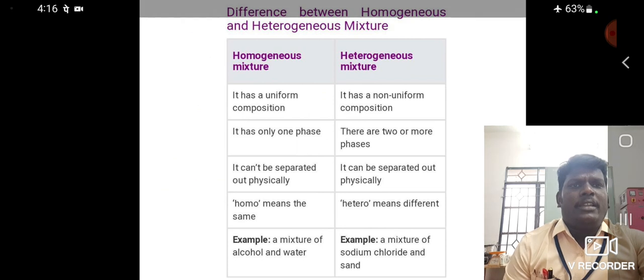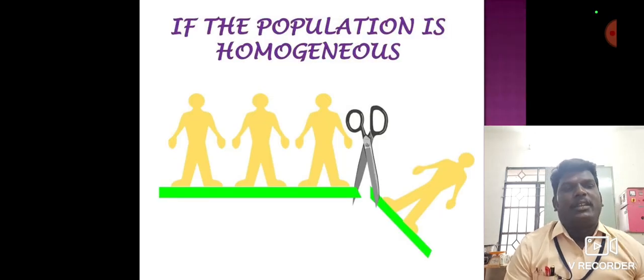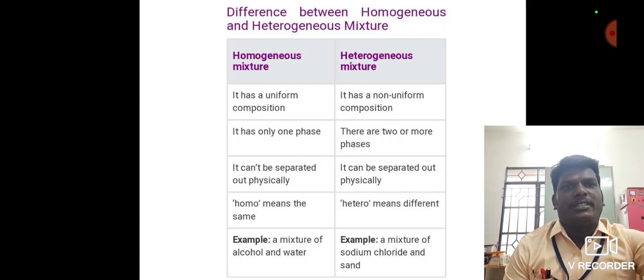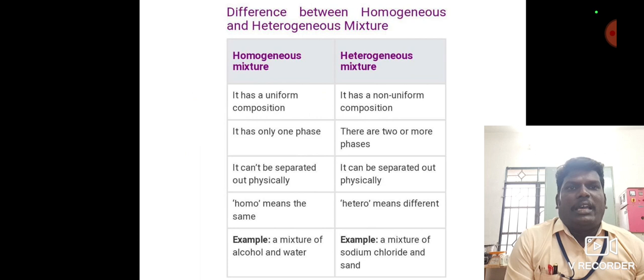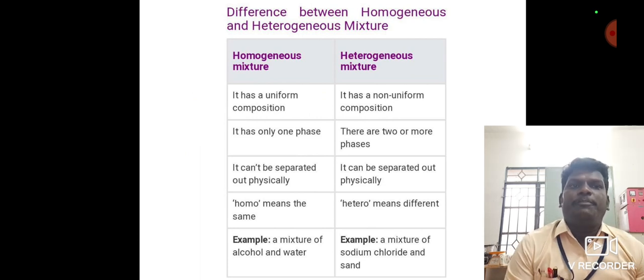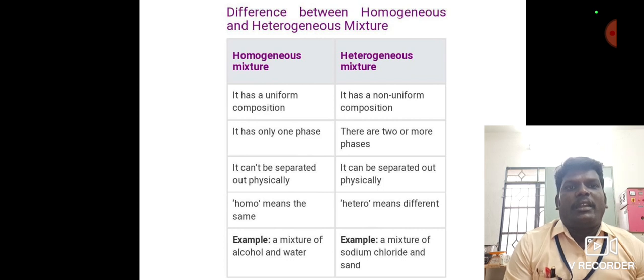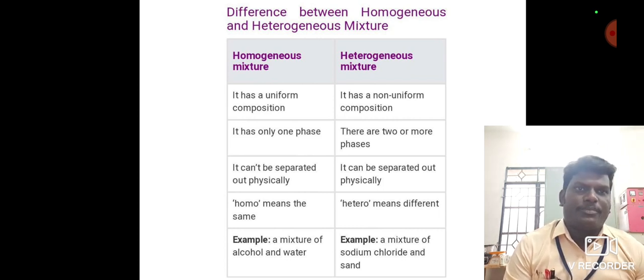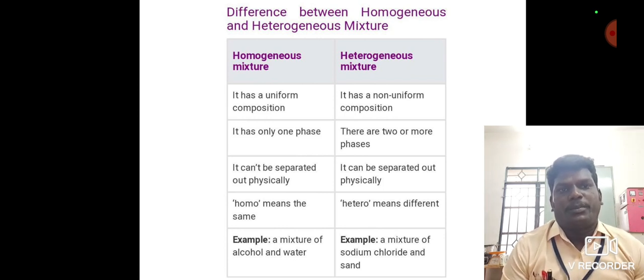In general, the population is classified into two types: homogeneous and heterogeneous. Homogeneity is a uniform composition and heterogeneity is a non-uniform composition. A homogeneous mixture has only one phase, and a heterogeneous mixture has two or more phases. Homogeneous mixtures cannot be separated out physically, but heterogeneous mixtures can be separated out physically.